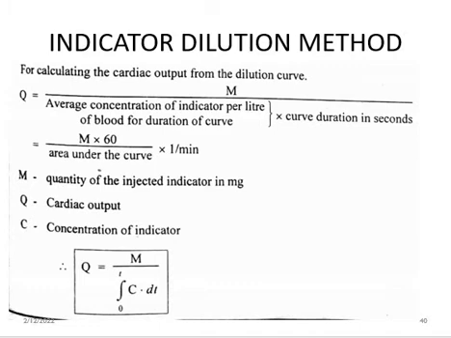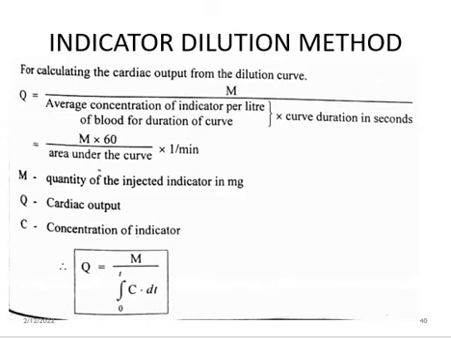Next, the indicator dilution method. In this method, the amount of cardiac output is calculated using this formula: Q equals M divided by the average concentration of indicator per liter of blood for the duration of the curve, multiplied by the duration in seconds.